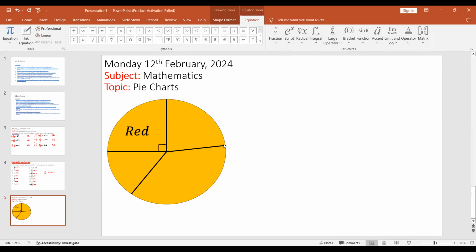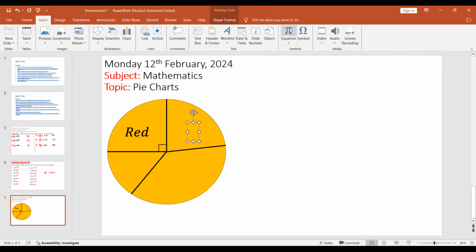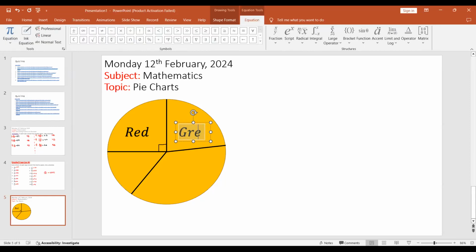All right, the next one on this side is green. So we have red, then we have green.